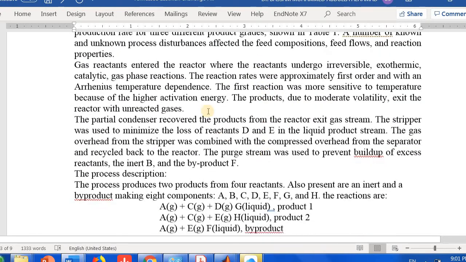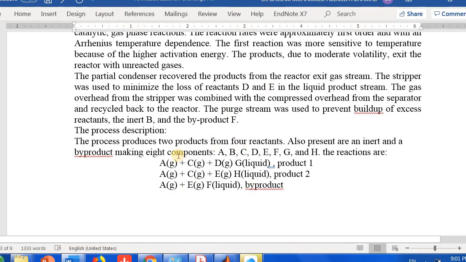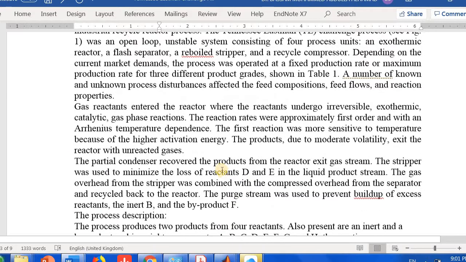This is an explanation of the project. It tells you what you're trying to do: you have a product, a reaction that happens, and we already said that we have A, C, D, and E as inputs. I'm going to show you this in a better representation, but these are the reactions that we have.